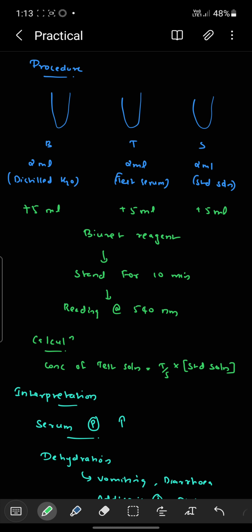Stand for 10 minutes and take the reading using a colorimeter. Take the reading at 540 nanometer.